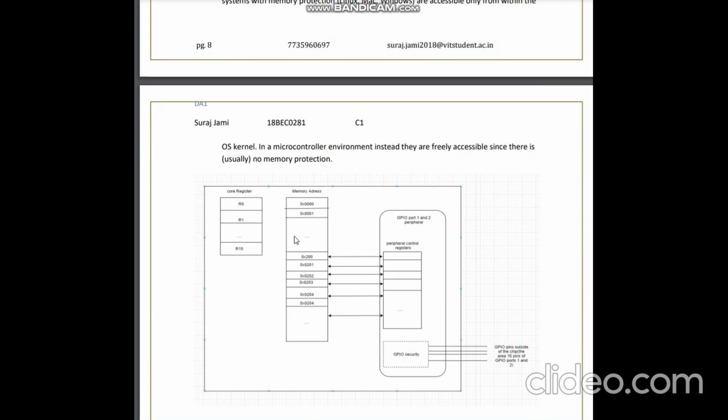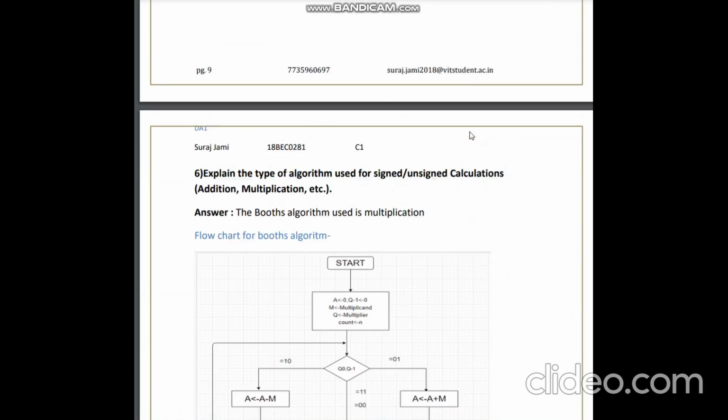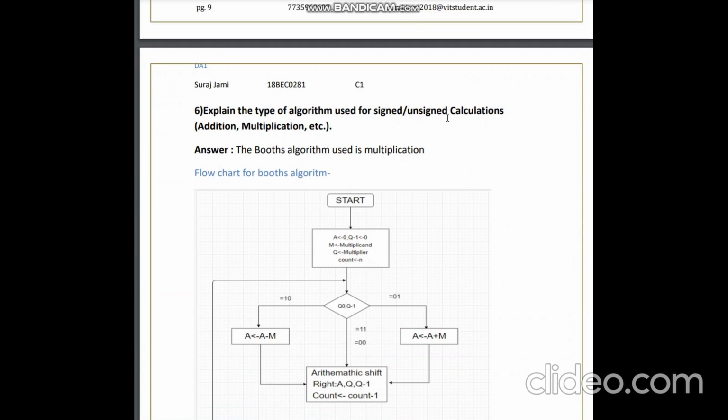So this is the flow chart for the core register memory address. How does the memory address communicate with the peripheral control registers and GPIO? It's written that the GPIO pins are outside of the chip, the 16 pins of the GPIO ports 1 and 2. Okay.